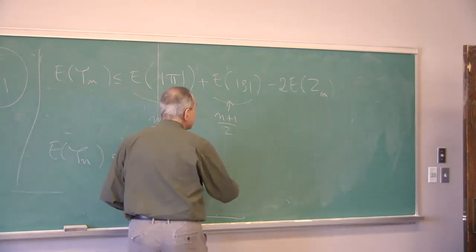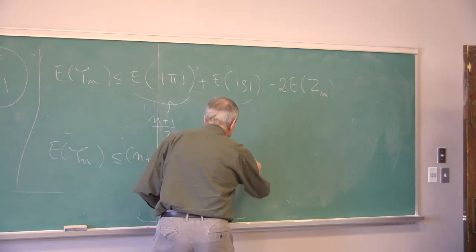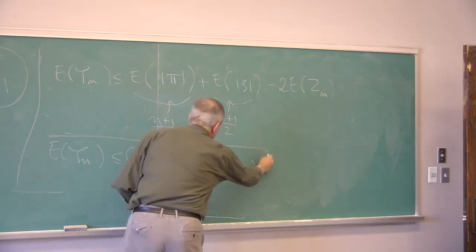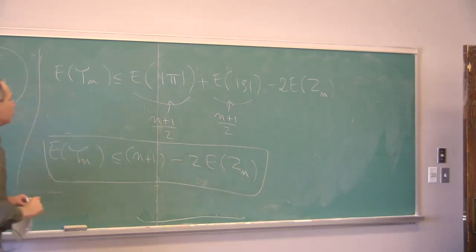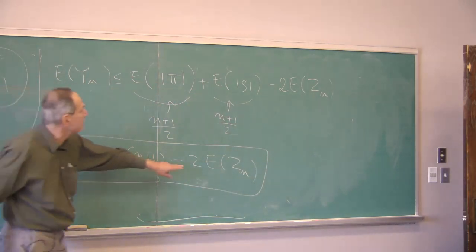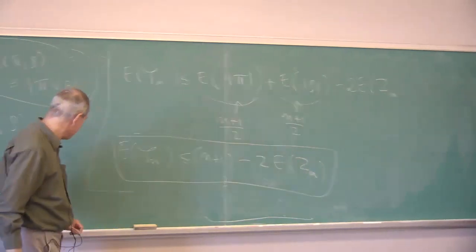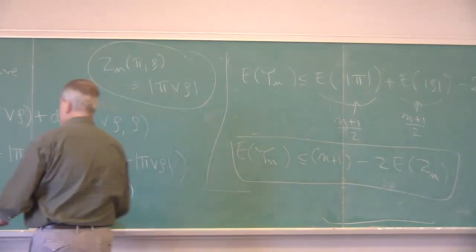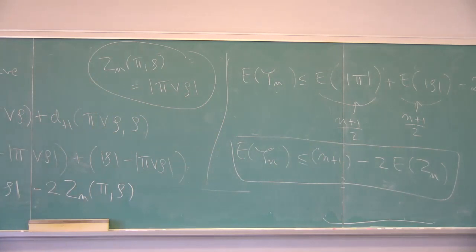So now this shows that what we have to do, for this upper bound that I'm looking at, is find something about Zn. And Zn, this is the amusing thing, you can compute the limit precisely.